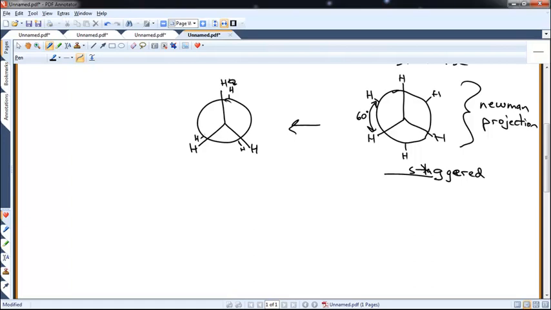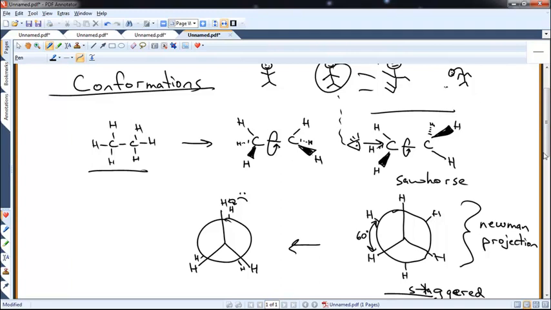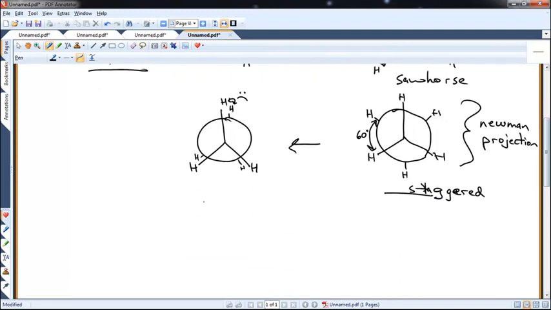Because they overlap each other, they somewhat bump into each other in three-dimensional space, or at least they have a potential to do so. And then the energy of that conformation will go up. We call this the eclipsed conformation. Molecules don't like to be eclipsed if they can get away with it.